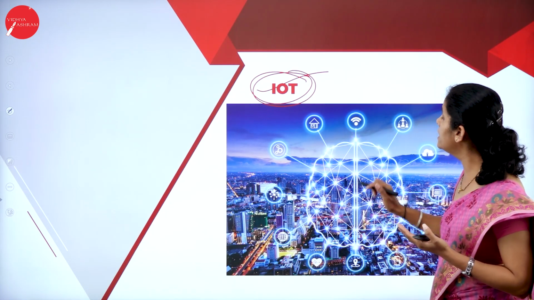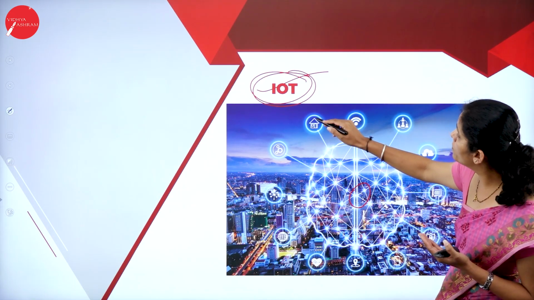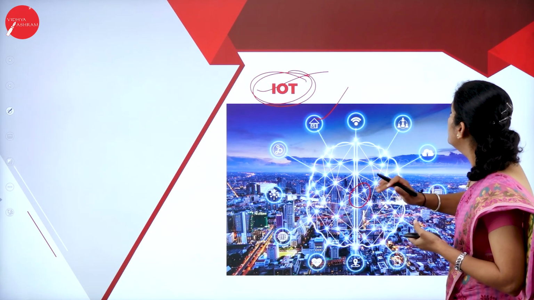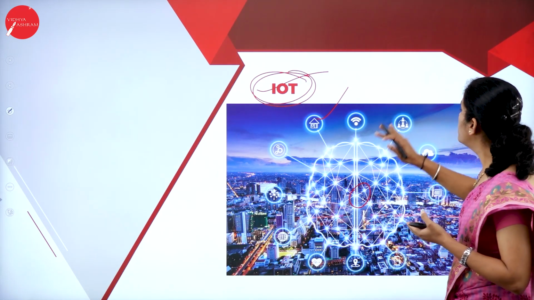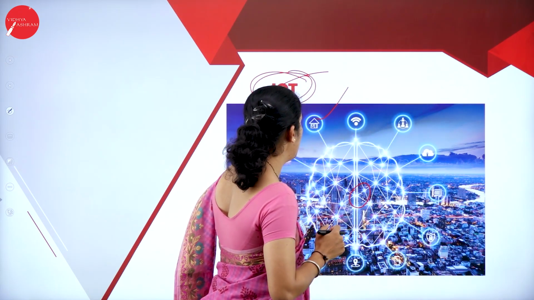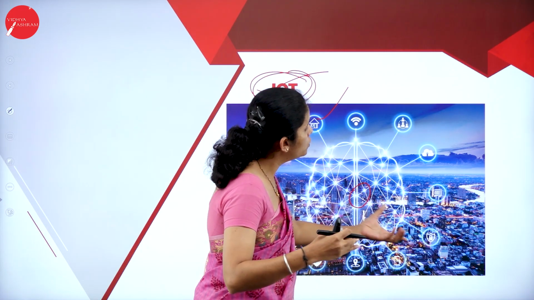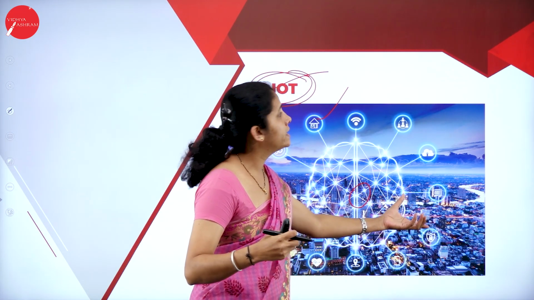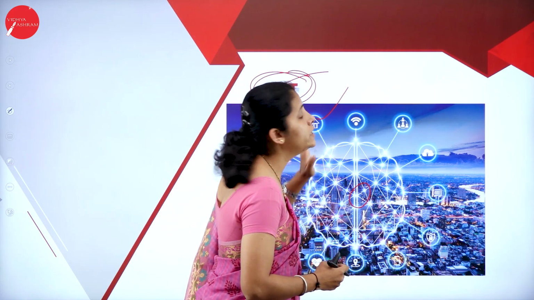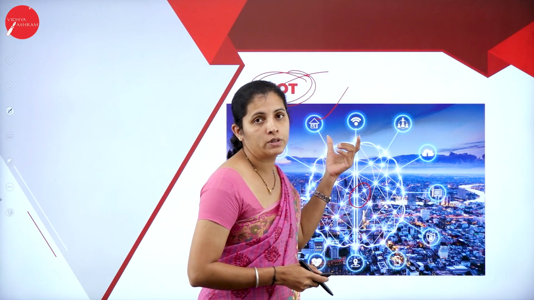Think that you are in the office and you want to control your home, that can be achieved by using IoT. If you are in the office and you want to manage social media, that can be achieved by using IoT. Think that you are somewhere out and you want to control your data, that can be achieved by using IoT. So IoT plays a very major role in the field of computer science.